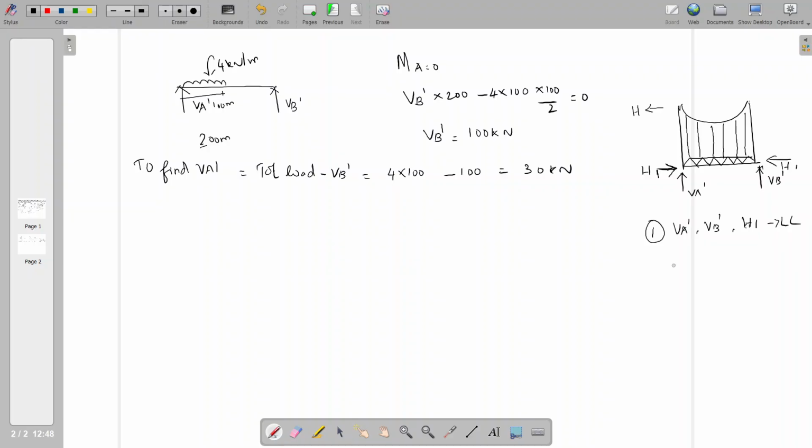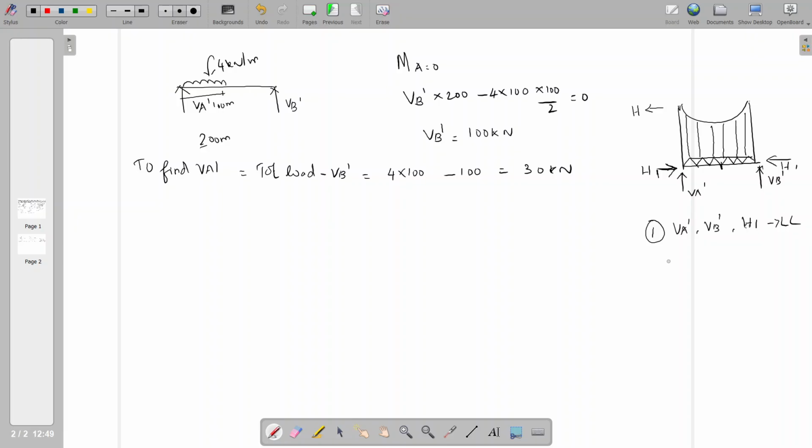In the girder, we should not take the moment at any point equal to 0. We will have some value. If you consider the central span, VA dash into 100 minus H1 dash into 25 will give some value, and we also have to account for the live load. It will give some moment value.